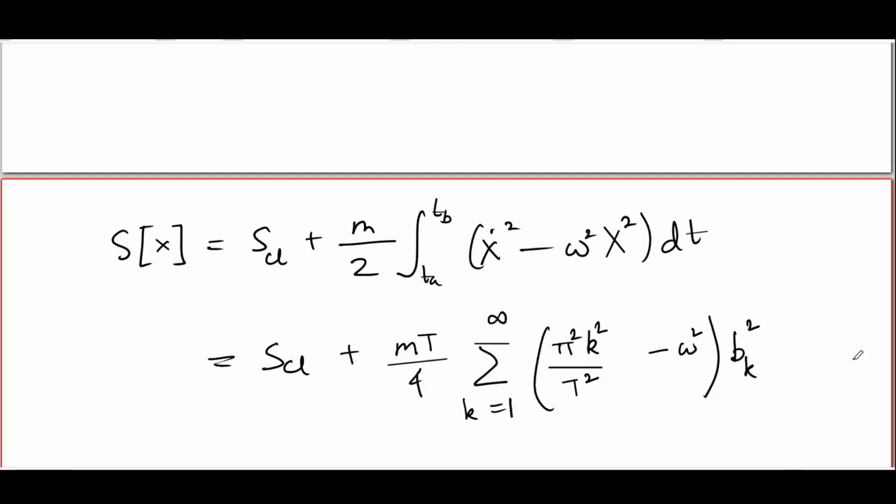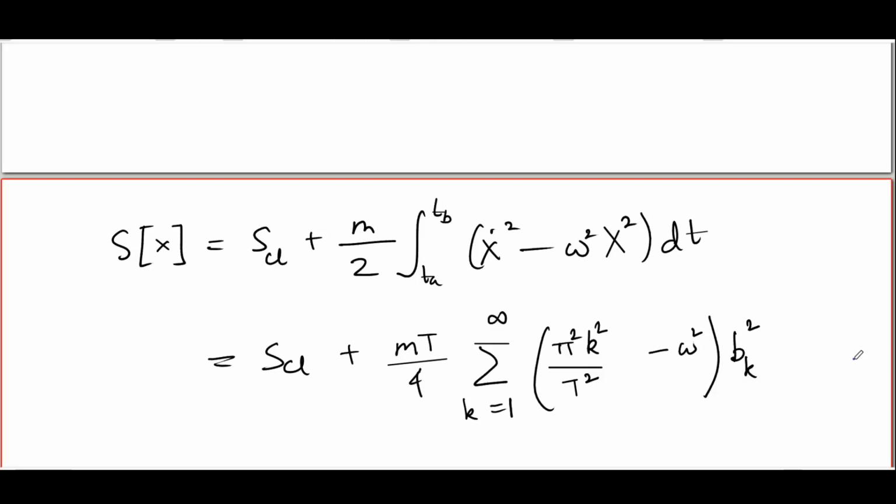All the other coefficients are positive. But this now indicates that there will be some paths for which the action will actually go down from the classical path. In other words, the classical path is no longer the path of least action. It's still the path of stationary action.